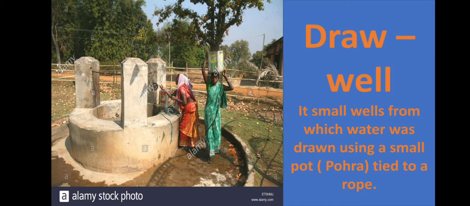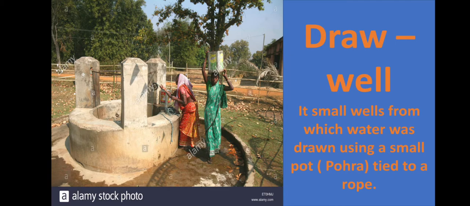Draw wells. We call it an ad also. In the past, draw wells were dug to get drinking water. They were small wells from which water was drawn using a small pot, called a pohra, tied to a rope. Students, Atpadi in Sangli district had a draw well in every vada.